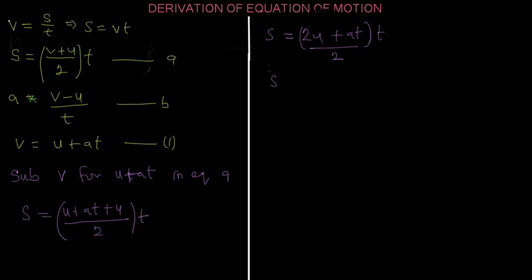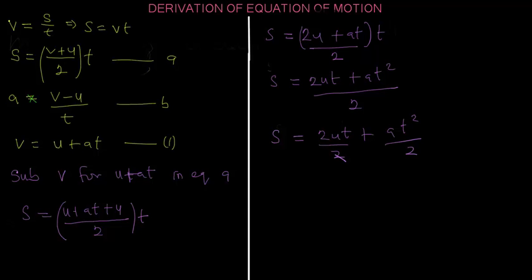So our s is equal to 2ut plus at squared, all over 2. 2u times t is 2ut. at times t is at squared, all over 2. Now we have s is equal to 2ut over 2 plus at squared over 2.